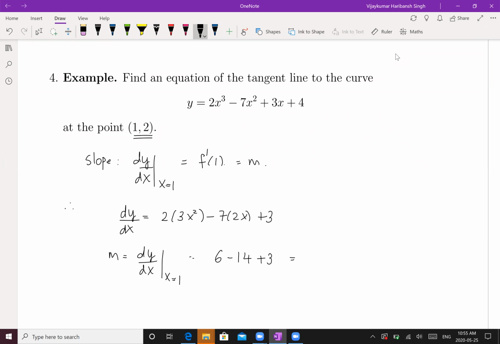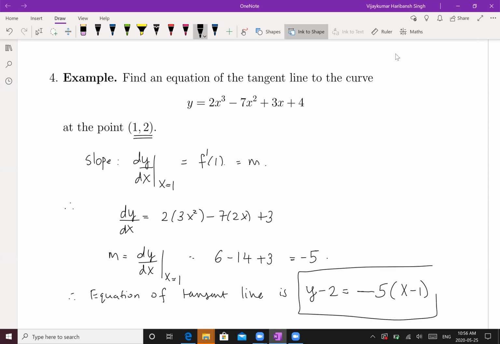So that is going to be 9 minus 14. So 9 minus 14 is what? Minus 5. So therefore the equation of the line is y minus 2 equals minus 5 times x minus 1. So this is your equation of the line.